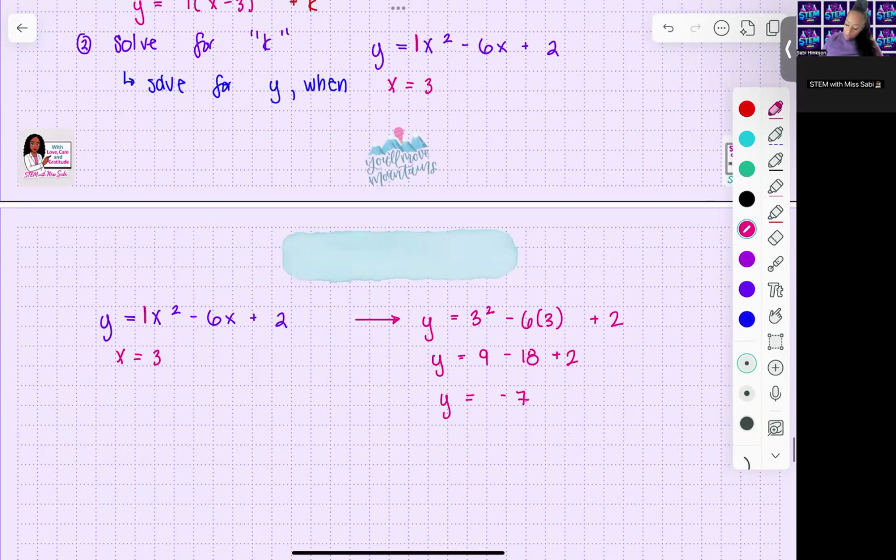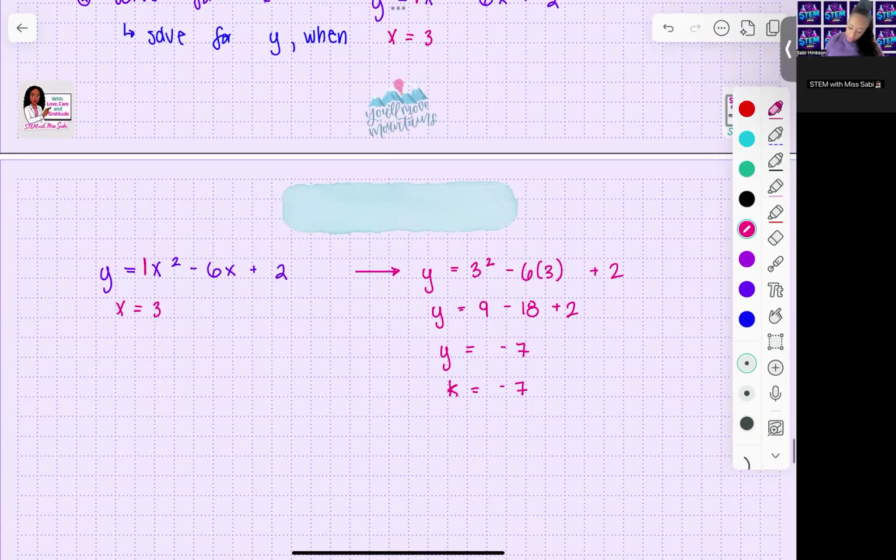So now I know my k. My k is equal to -7. I hope I did that math right, but you get the method. So now I have everything I need to fit it into vertex form. Y is equal to, remember my a is 1, (x minus h), which is 3, and my k is -7.